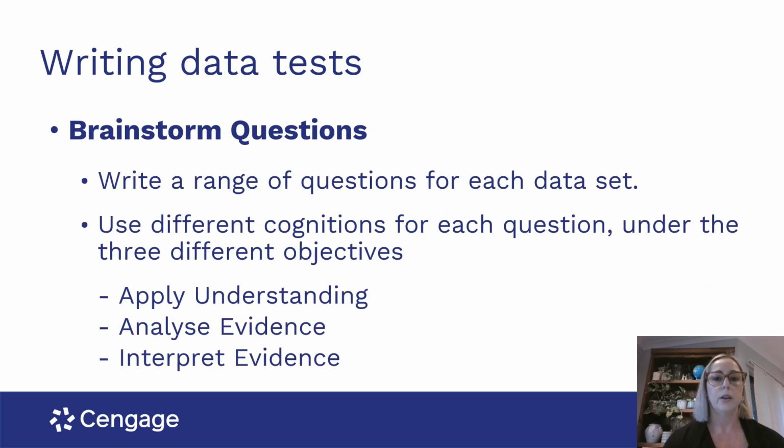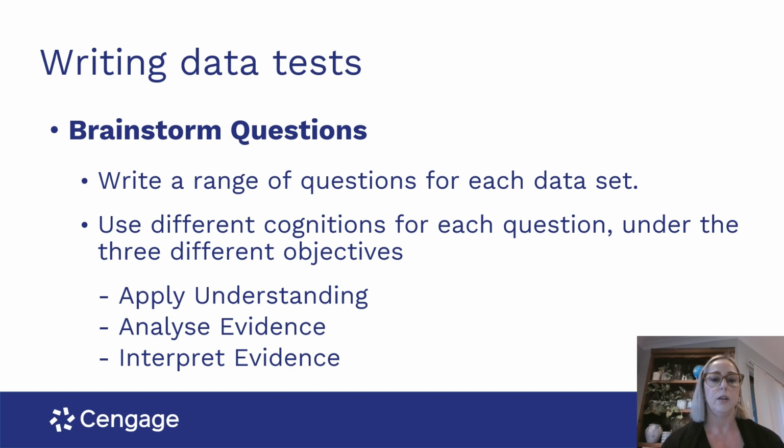When you're brainstorming questions, just write a range of questions. Sit back, grab those cognitions and write as many as you can. Remember, those cognitions are listed under three different objectives: apply understanding, analyze evidence, and interpret evidence.